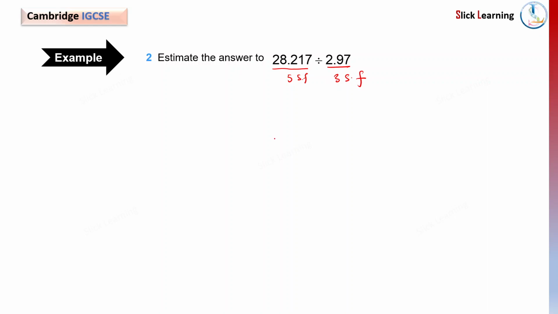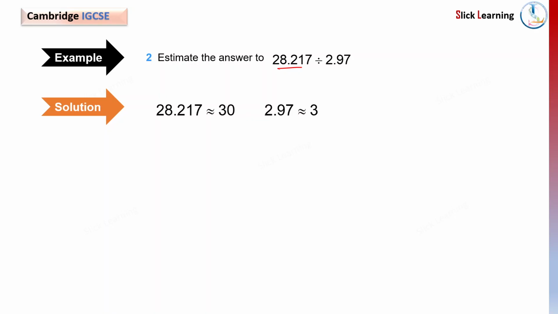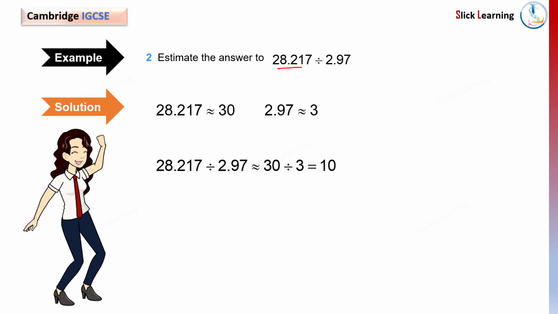So 28 is approximately 30, and 2.97 is near to 3. Now we can easily divide 30 by 3, and here is your answer, that is 10.